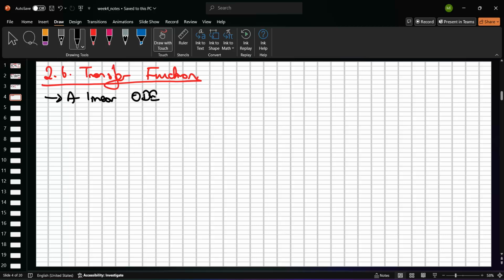If we use the Laplace domain, we can define this ordinary differential equation as a block diagram. We put the input, the output, and the system in the middle of the input and output, right? So just remember that x dot plus ax is equal to f of t.